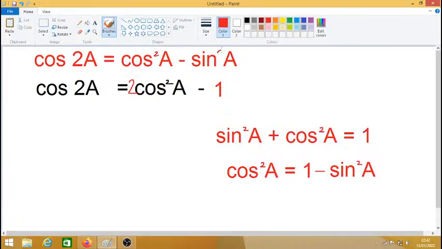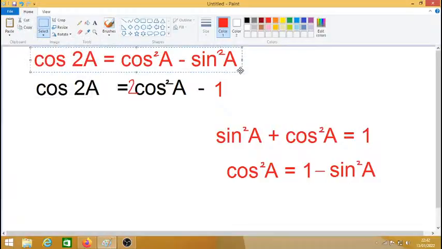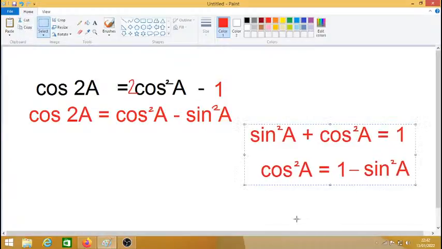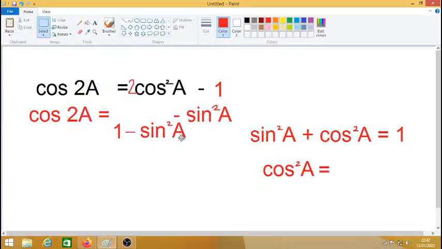So you could probably do this yourself, but this cos squared a can be replaced with this 1 minus sine squared a.